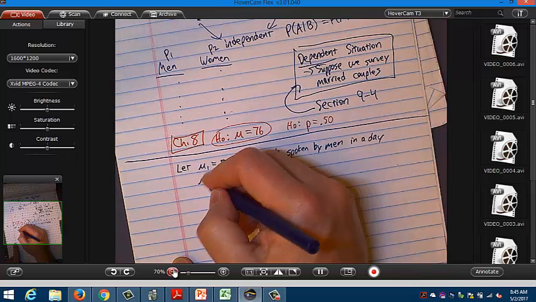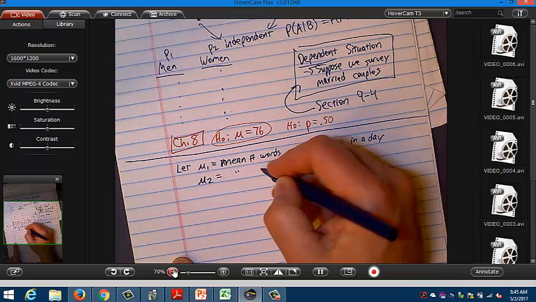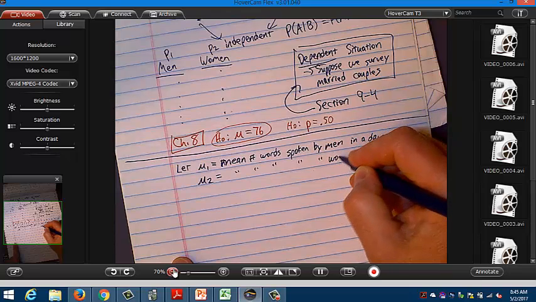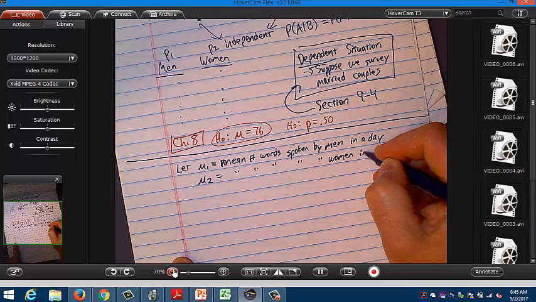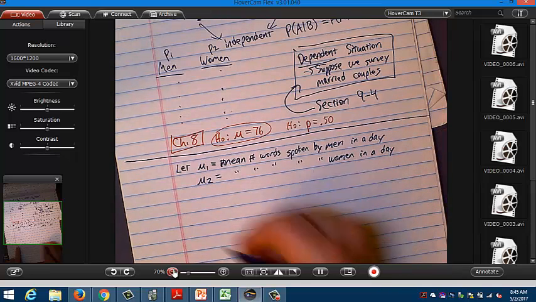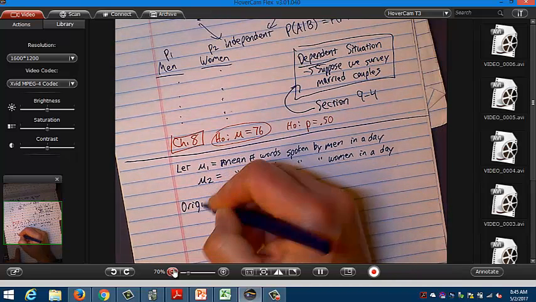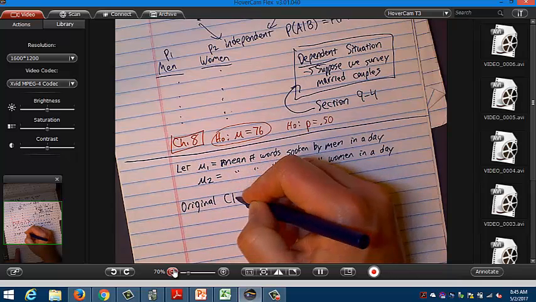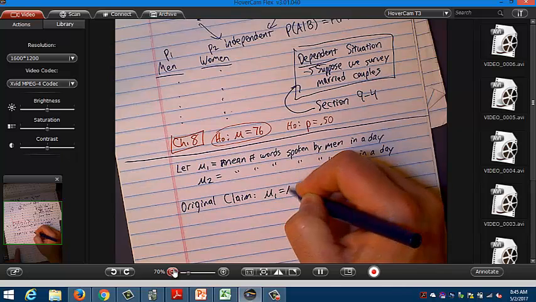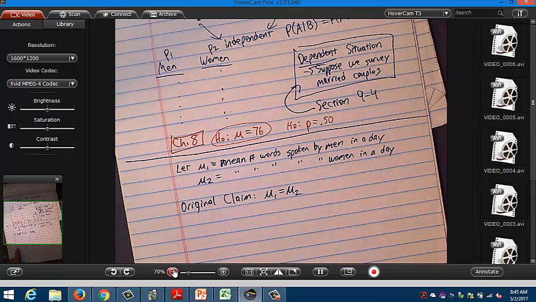Let mu2 be the mean number of words spoken by women in a day. And so what USA Today said, the original claim in the newspaper headline, was basically saying that these are the same. mu1 equals mu2. That's what the data is saying. Any questions on that?